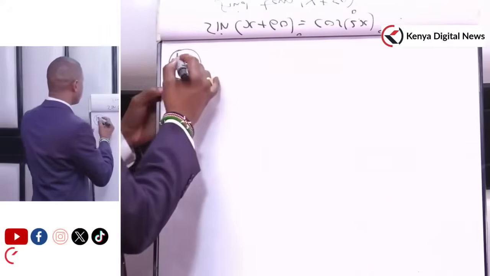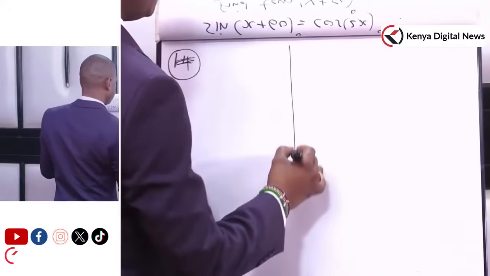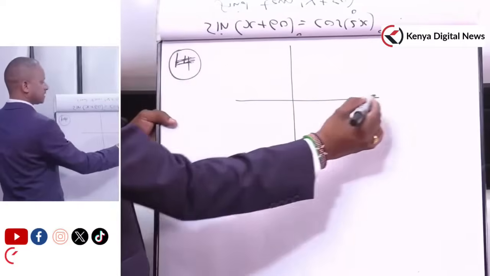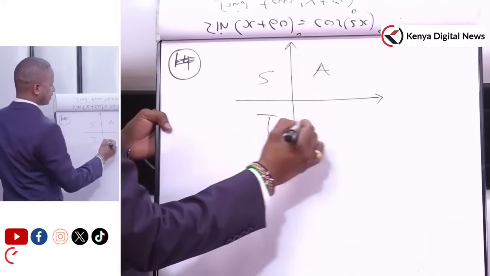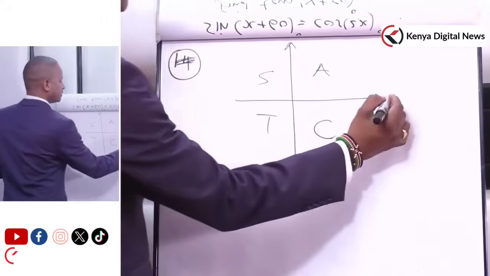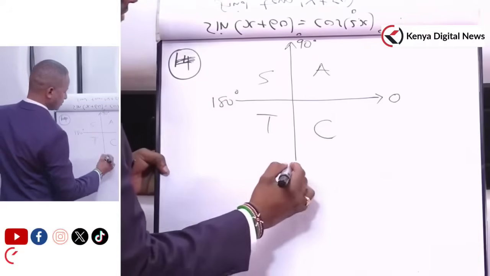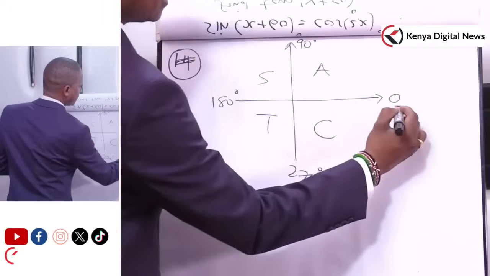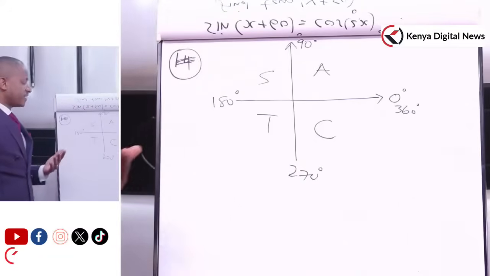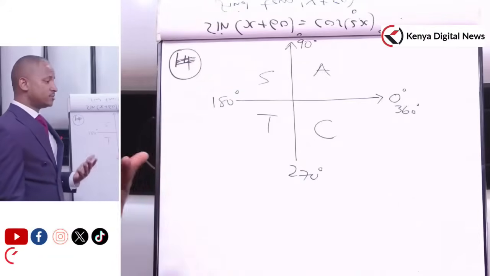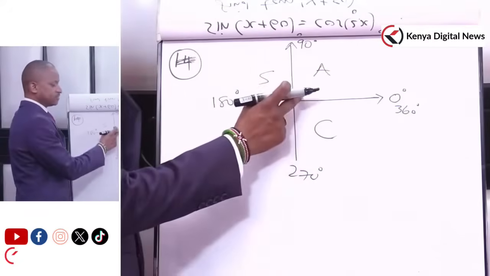Now, before I go there, there's also a very commonly set topic. I still want to take you through this trigonometry. All Students Take Coffee. This is 0, 90 degrees, 180 degrees, 270 degrees, and again 360 degrees. So class, you can be told to find sine 60 or sine 30.